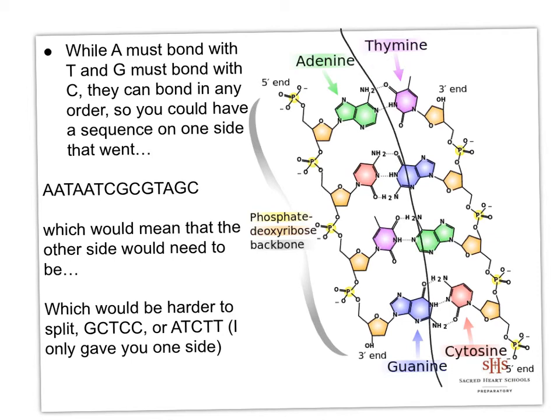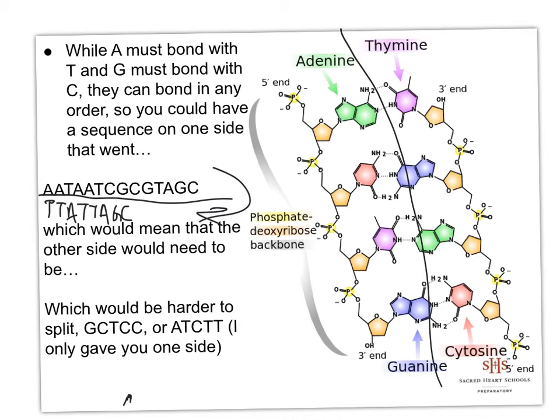So if you look over here and you can see A here, A is going to bond with T, T is going to bond with A, and so you can just keep going all the way down and create the complementary side of the DNA molecule as you do this.